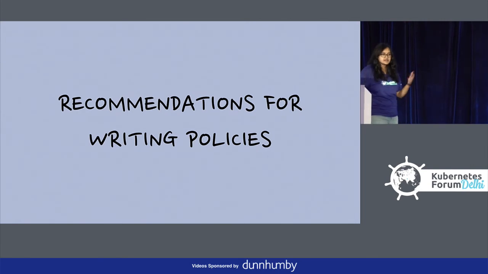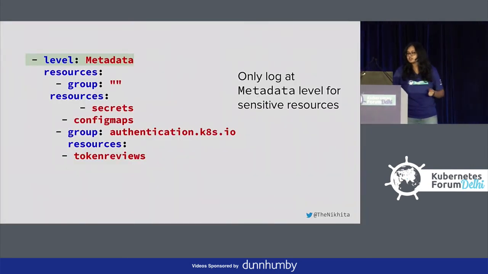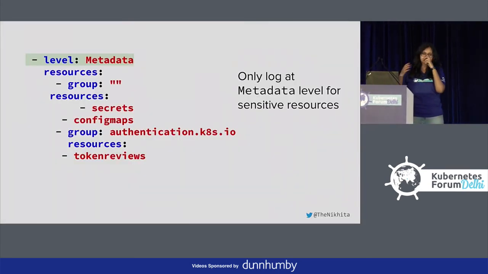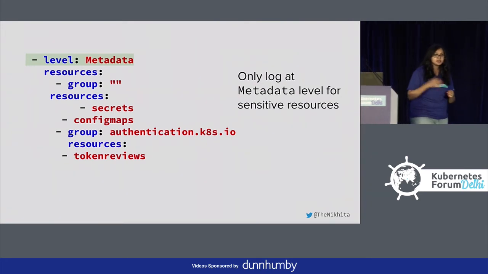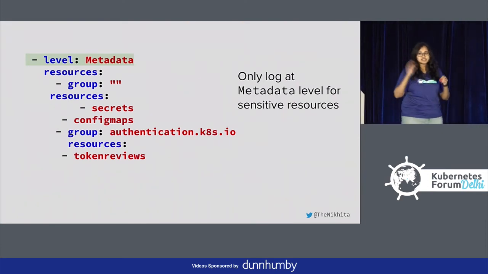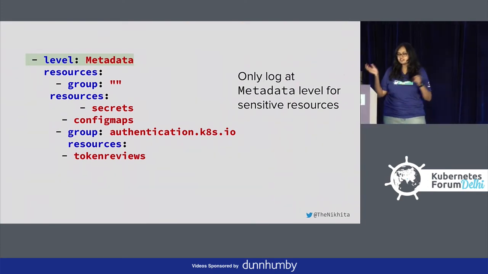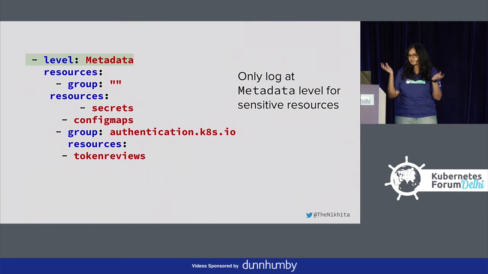So let's look at some recommendations. First recommendation, that's a very important one, is that if you have sensitive resources like secrets, config maps, or token reviews, only log at the metadata level, because if you don't do that, you'll also get your sensitive information in the logs, and that kind of destroys the whole point.